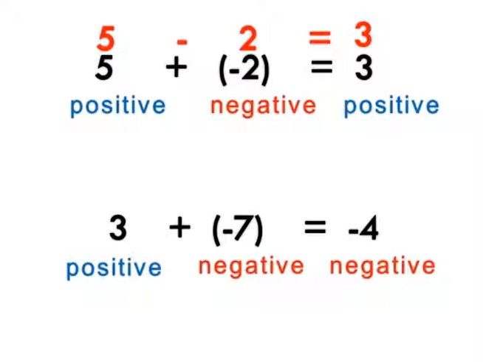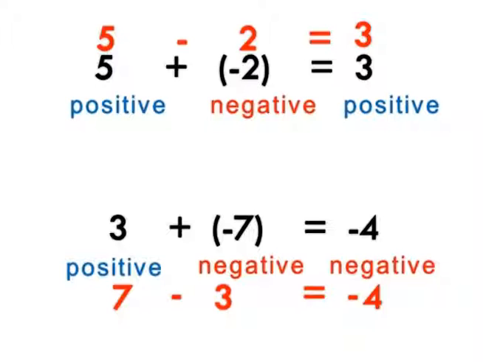3. So why positive? To know why it is positive, let's also look at example 4, getting the absolute value of 3 and negative 7. We are also subtracting to get 4. But the sign for the sum is negative.